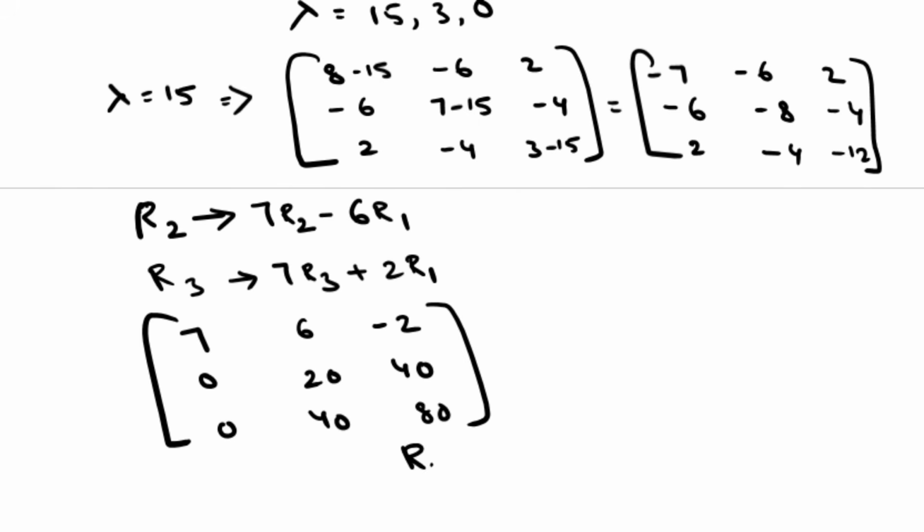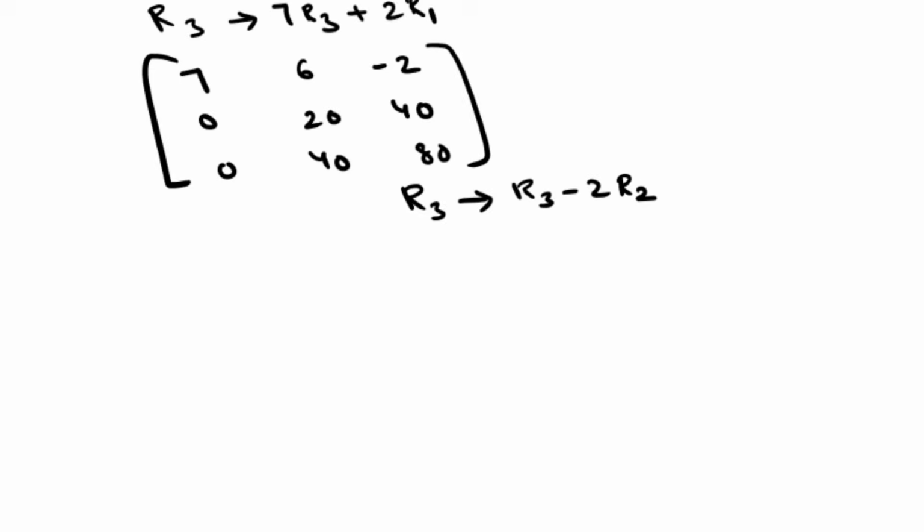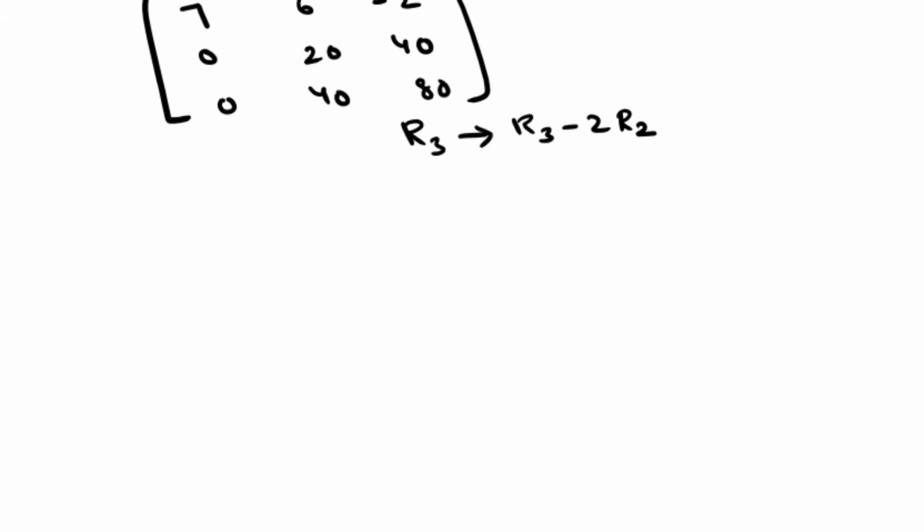Now R3 implies R3 minus 2R2: row 1 as it is 7 6 minus 2, row 2 is 0 20 40, row 3 is 0 0 0.